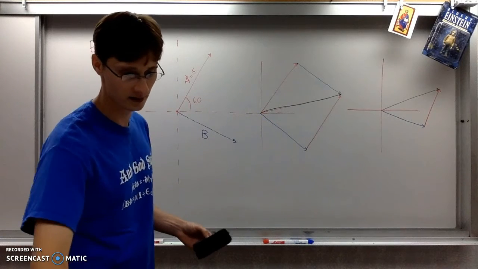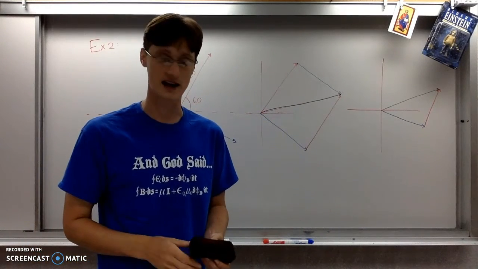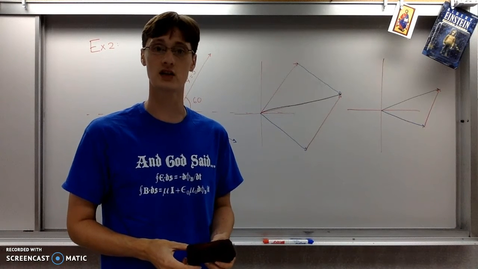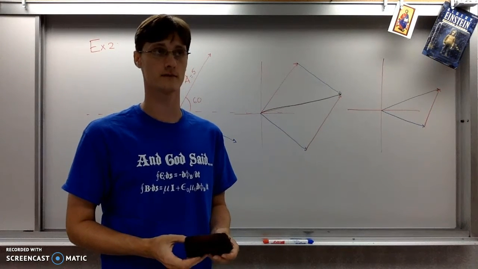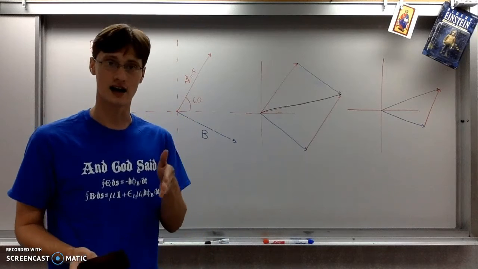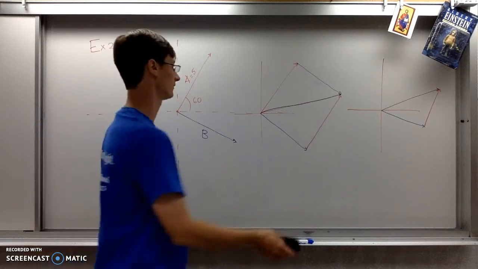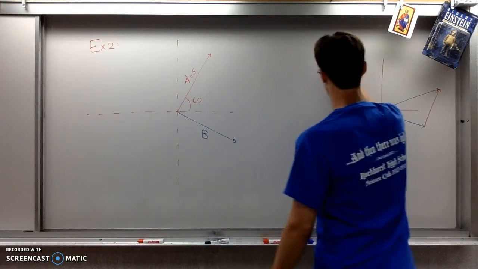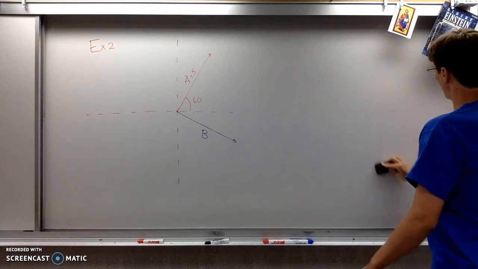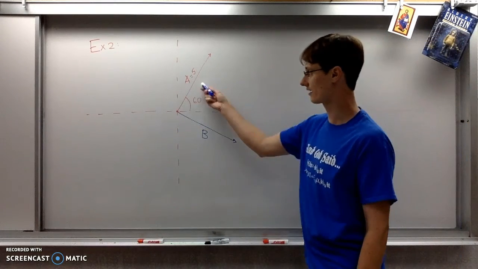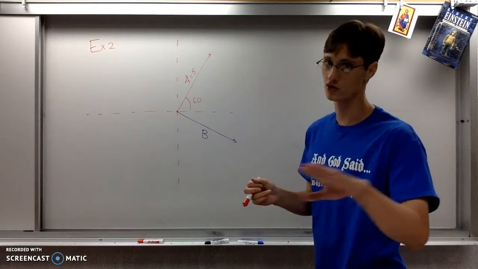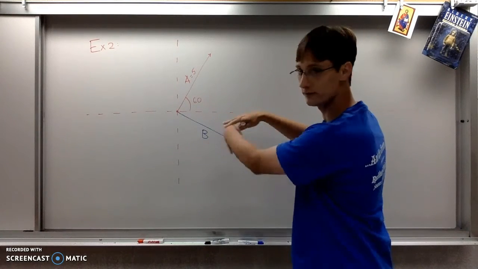It says that we are supposed to, part B now, express A and B in unit vector notation. Okay, so that means the i and j stuff. All right, let me erase this. And for a moment here, let's just look at vector A. Let's ignore B for a moment.